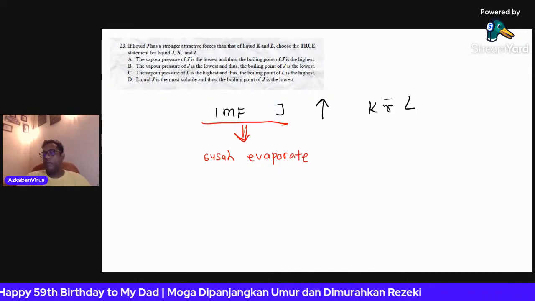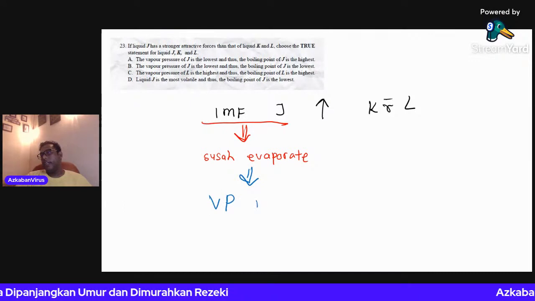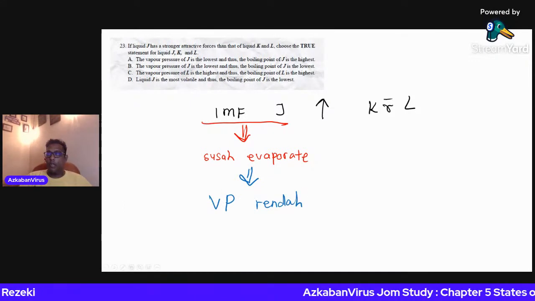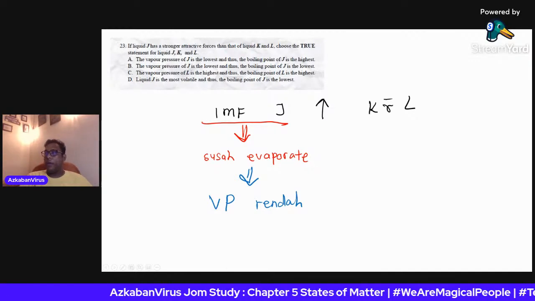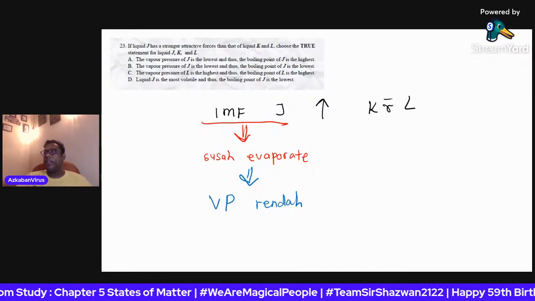Bila susah evaporate, bermaksud vapor pressure dia rendah. Okay. So, the vapor pressure of J is the lowest. That's the boiling point of J is the highest.